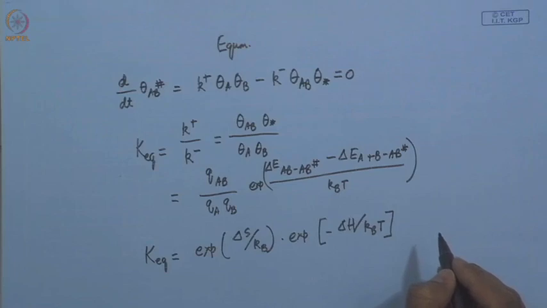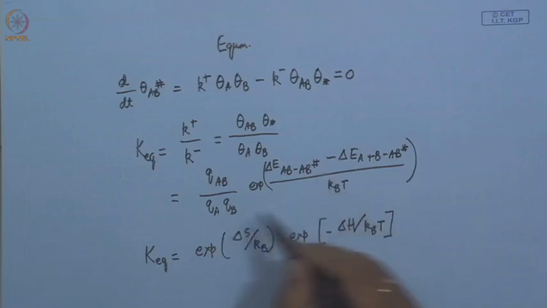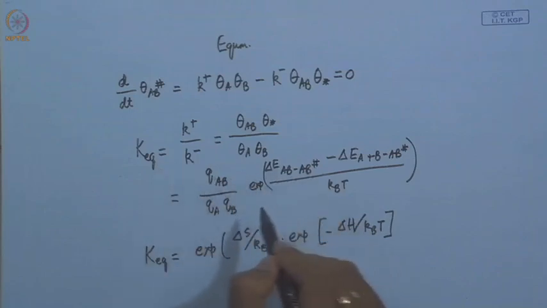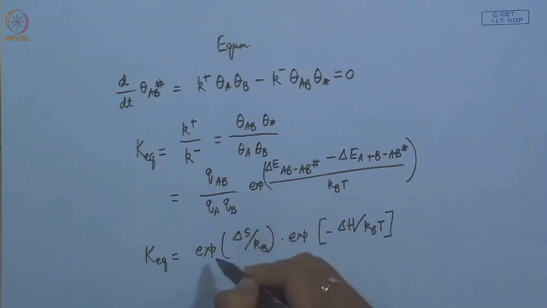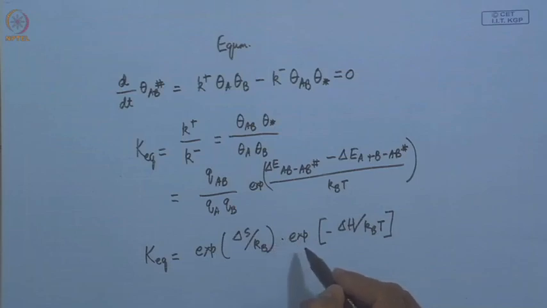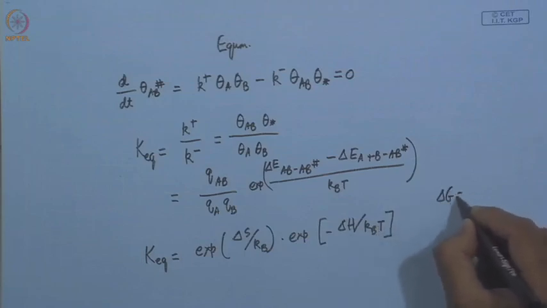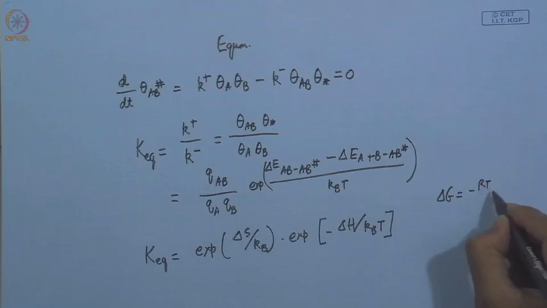If we compare this equilibrium constant as we have obtained considering these surface processes with the older expression, the equilibrium constant in terms of delta S and delta H, or the classical expression, because delta G is equal to minus RT ln K equilibrium.